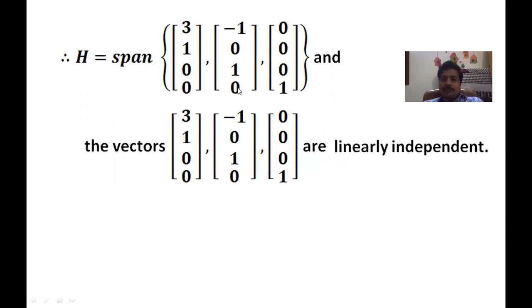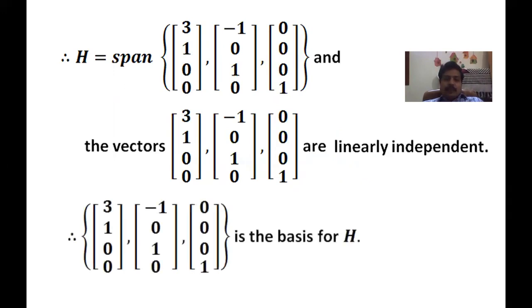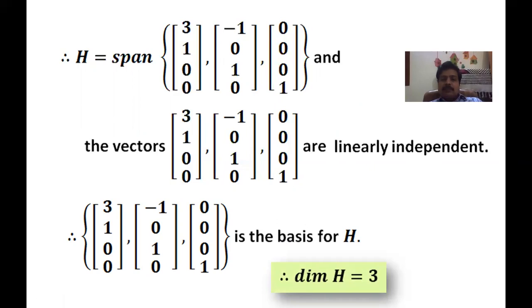So these three are linearly independent, which can be seen easily. So these three vectors are a basis for H. This is one of the bases, of course. Since there are only three vectors in the basis, you can say that the dimension of H is equal to 3.